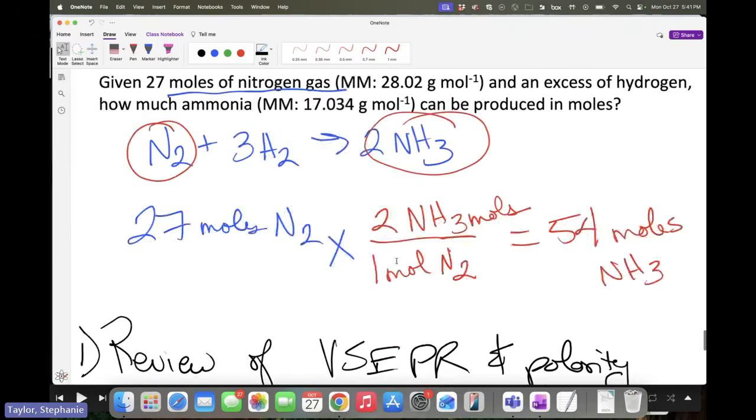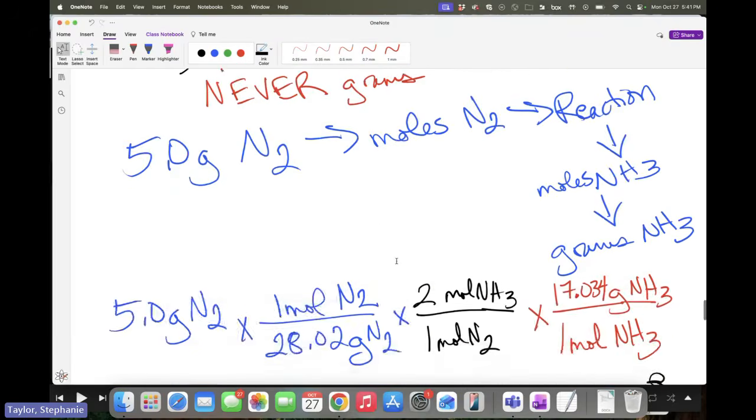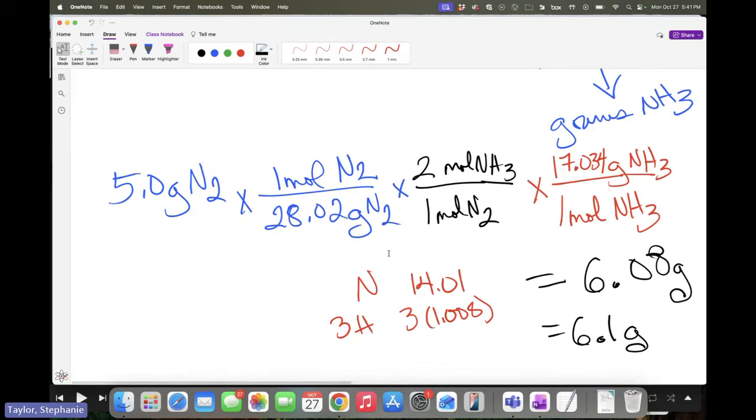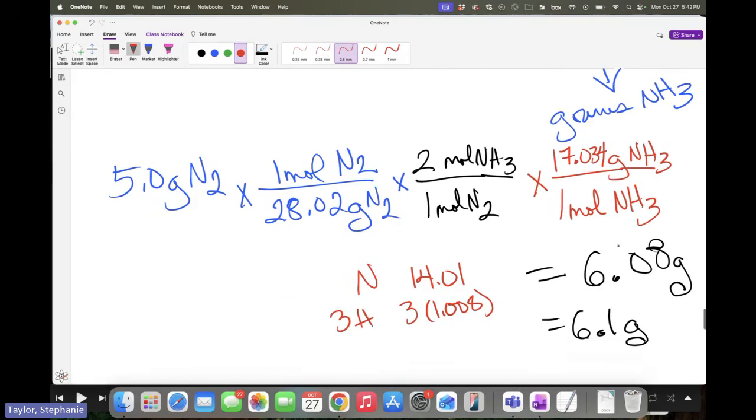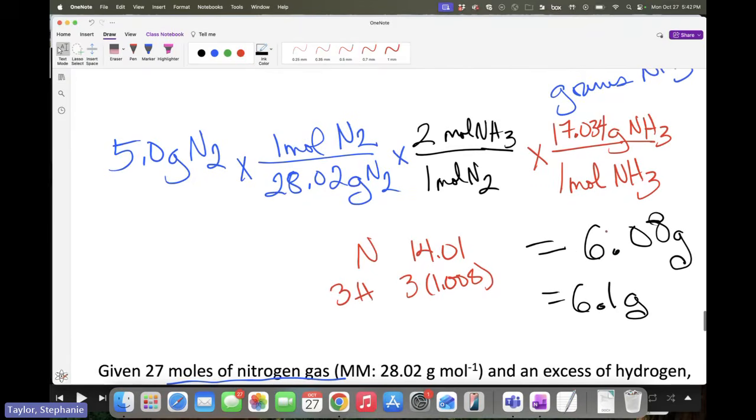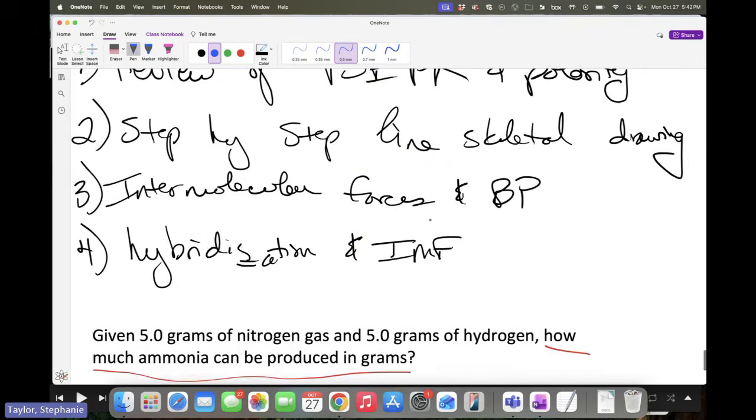And what we found earlier is that if I were to react all of my nitrogen with as much hydrogen as I could possibly need, I'd make 6.1 grams of ammonia. That was the work that we already did earlier. So we looked at the 5 grams of nitrogen, did all of the math to look at how much ammonia it would possibly make.